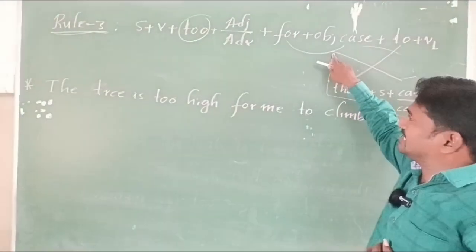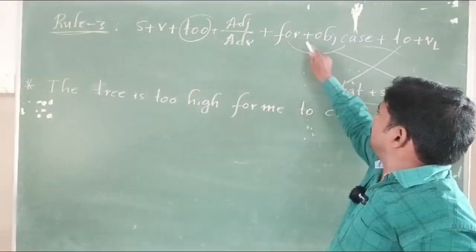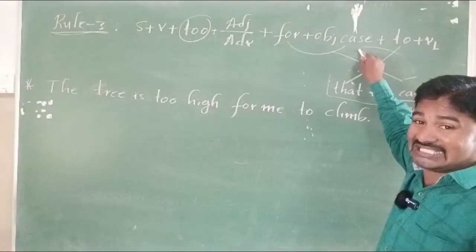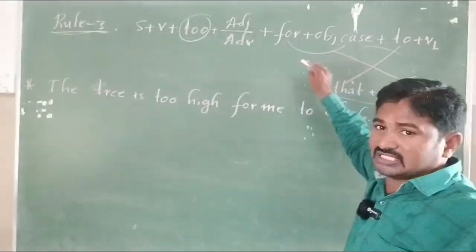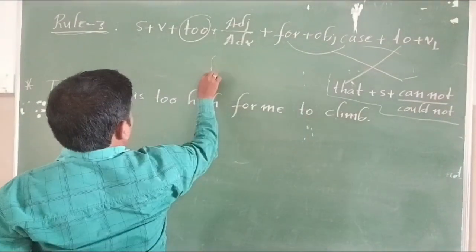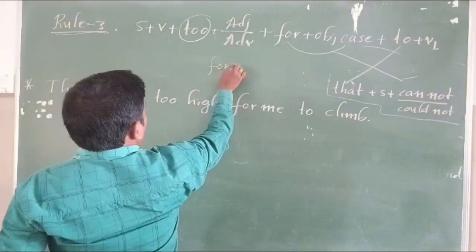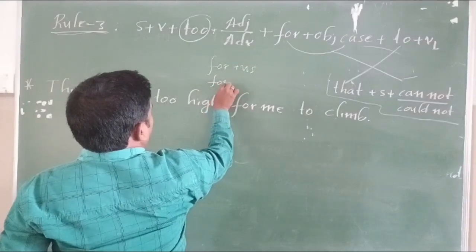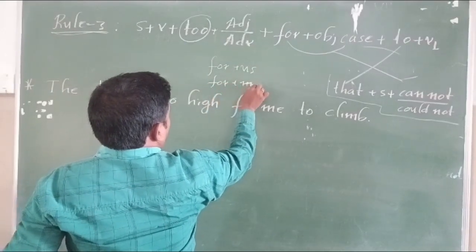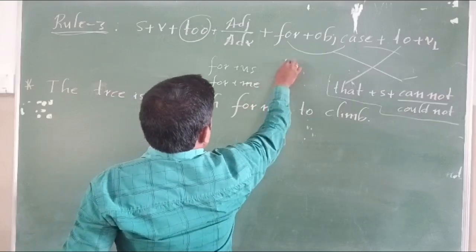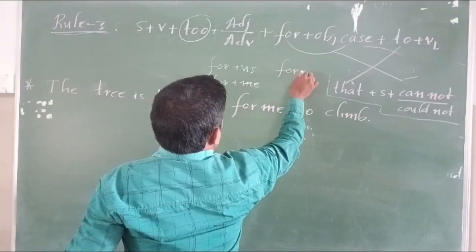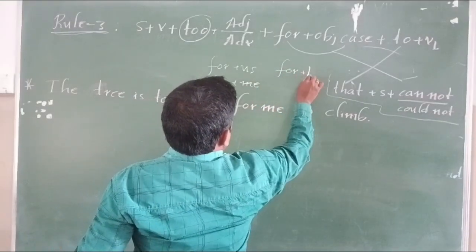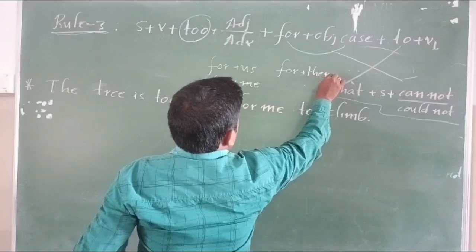Now in this, what for place objective case, like that. See, for place us, for place me. Okay, in such a way, next for place them, okay.